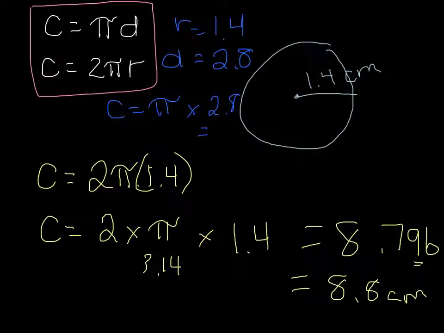And if you plug that into your calculator, you'll get the same answer as down here. So either of the equations work, you'll get the same thing. I just personally find it easier to use whatever number is given to me and then plug that into the appropriate formula.